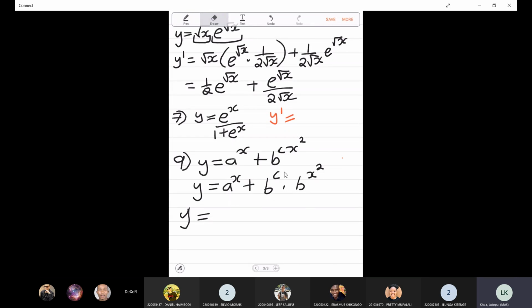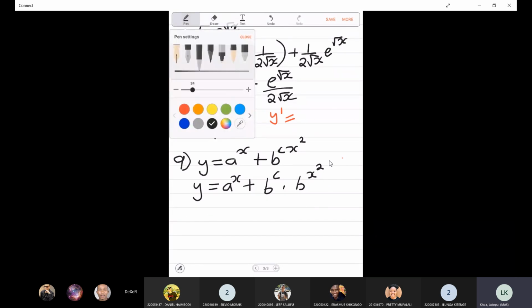Okay, now you see this one here is different from that one because this is a to the power of x, and then this exponent over here is x squared. But what we can do about this b to the power of x squared, we can rewrite it.